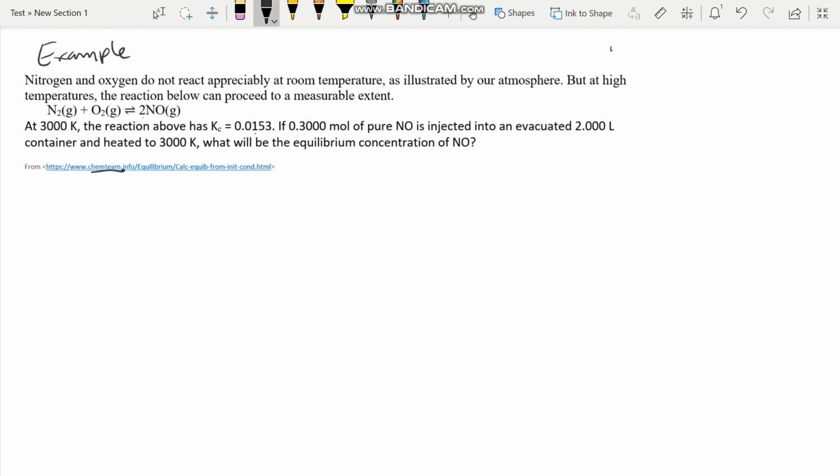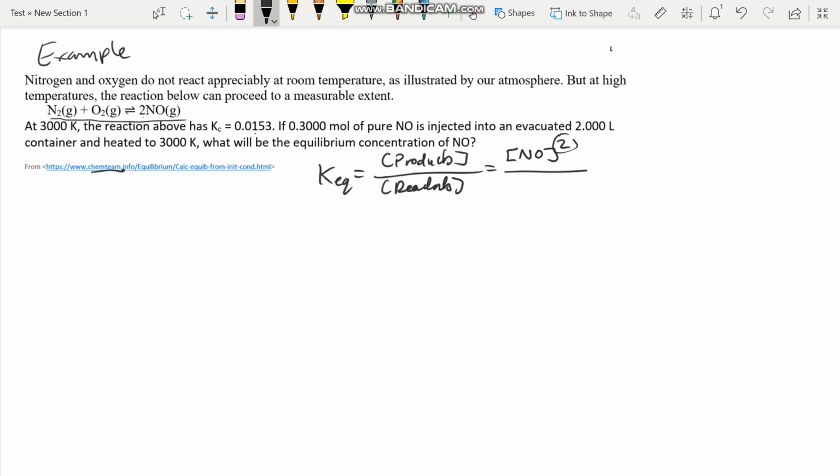So we've got our equation. First thing I'm going to do for an equilibrium question is write the equilibrium expression. KEQ equals products over reactants, equals NO squared.